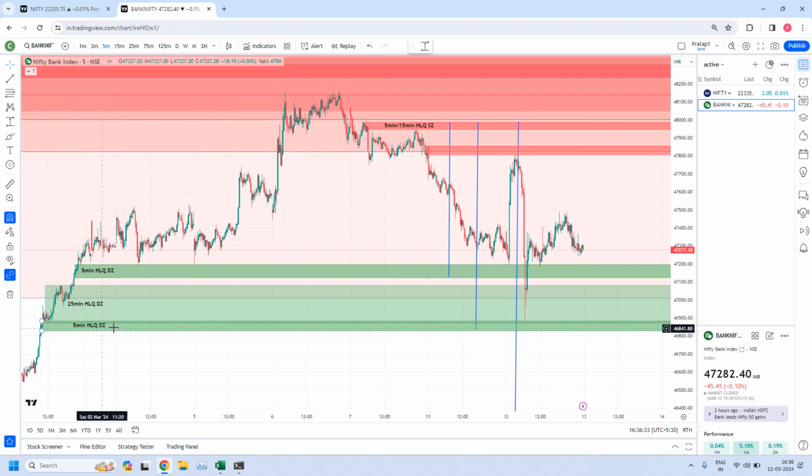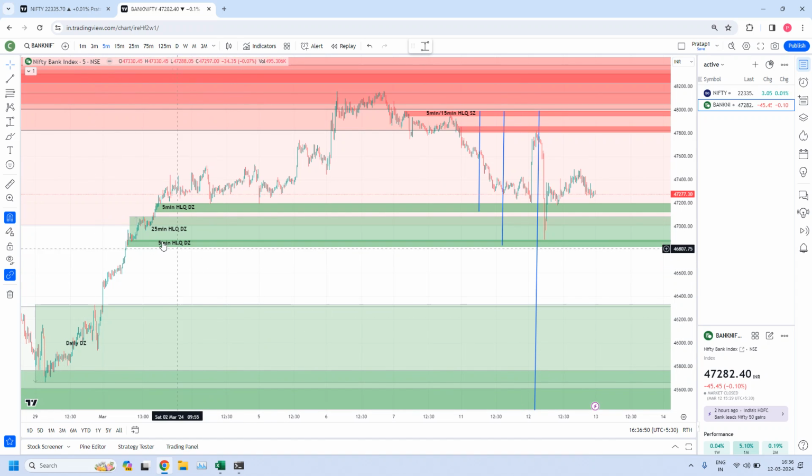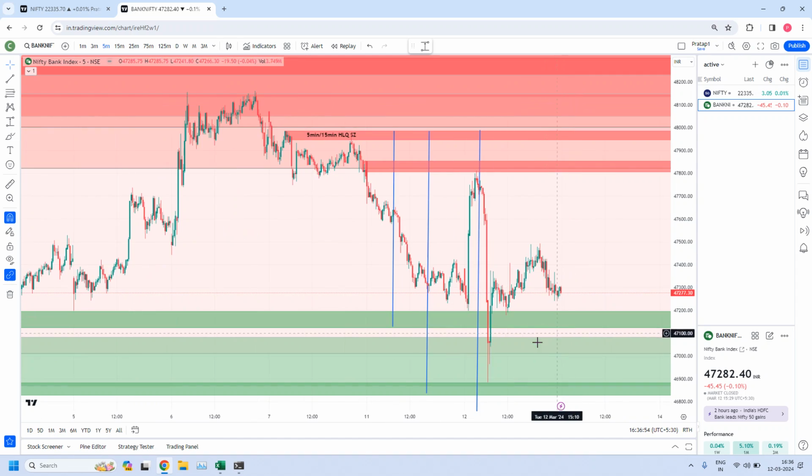This 5-minute high liquidity demand zone will also act as a bear trap for this 25-minute high liquidity demand zone. But anyway, today this 25-minute zone is not violated, it just came close to the line where the overlap is. This 25-minute zone and 5-minute zone overlap is there.